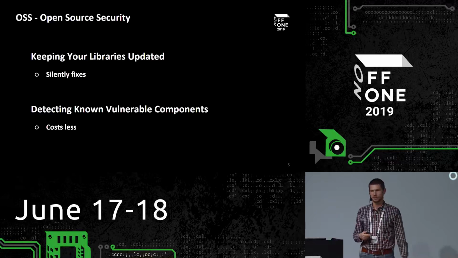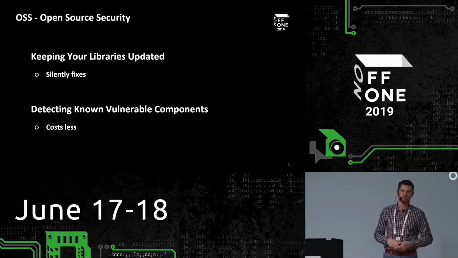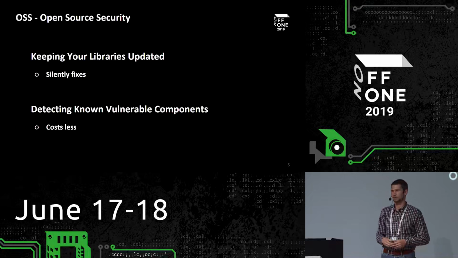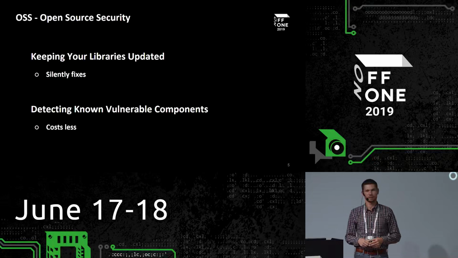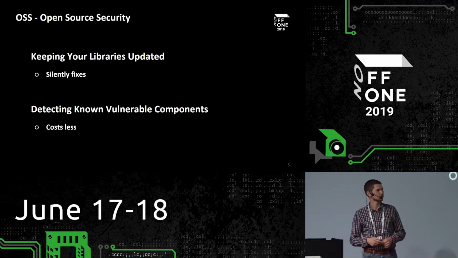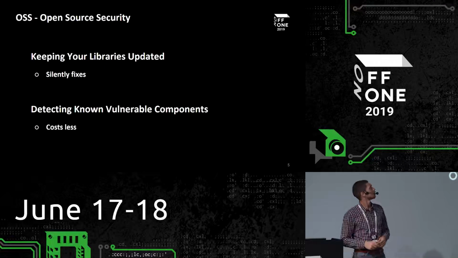And the second option is when we only update the libraries that have vulnerabilities. Of course, we spend less effort and time of developers, but we still have the risk of having bugs that are not closed, that are not public, and we have to cope with this.